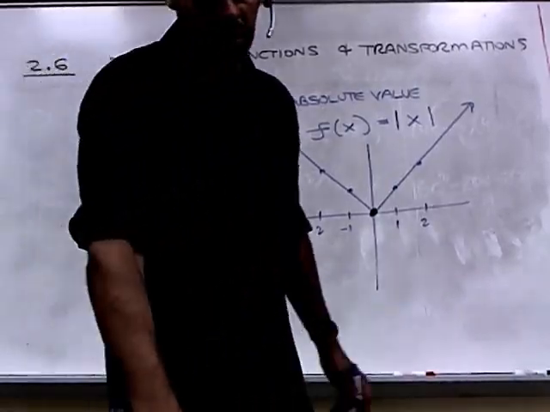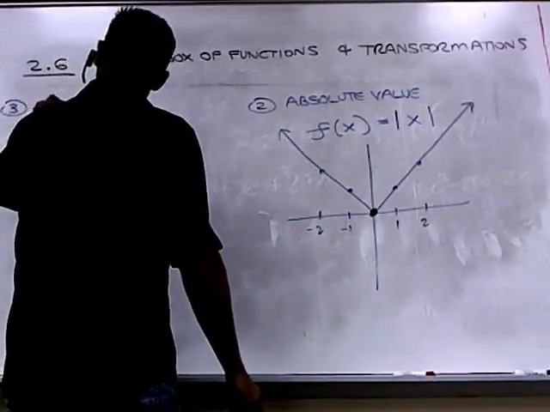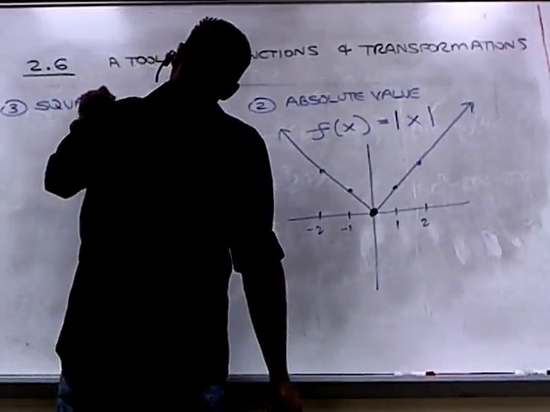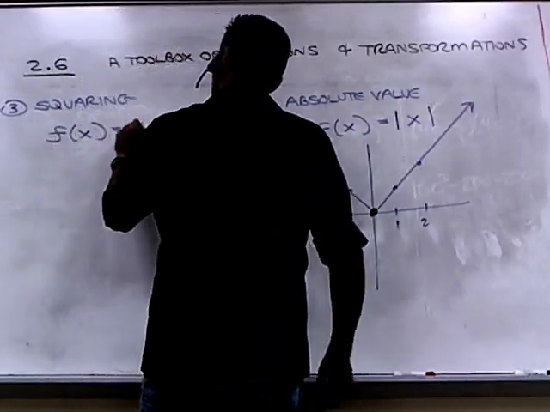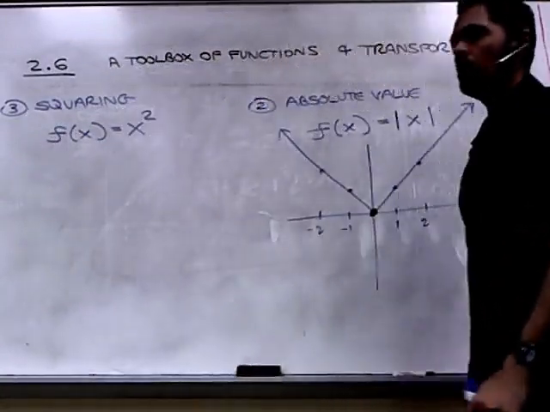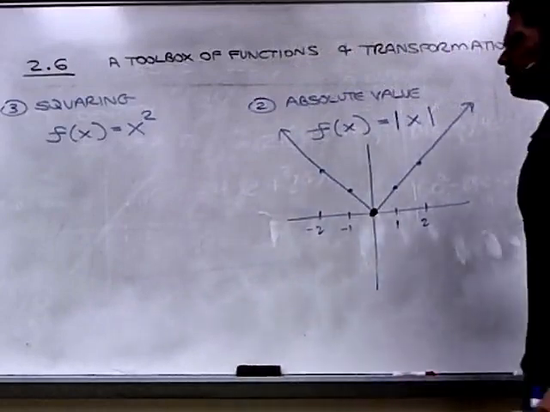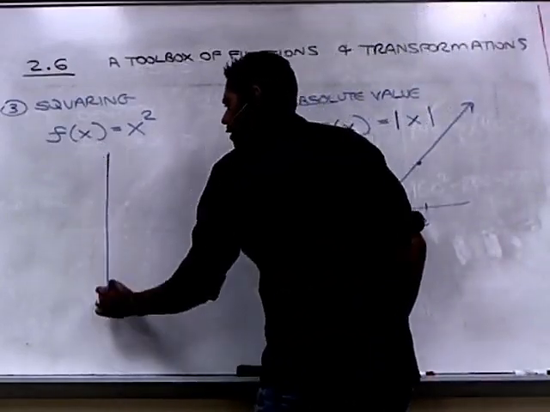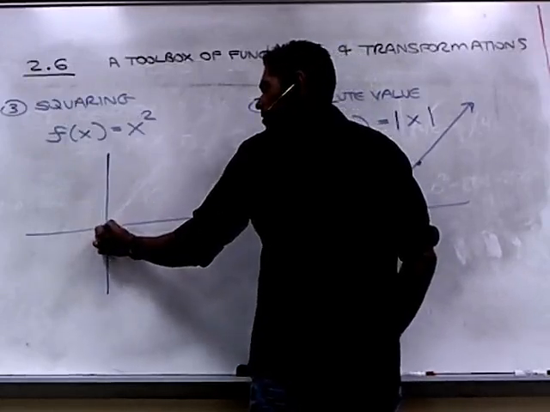The squaring function, and it does exactly what it says it's going to do. It squares things. So this is x squared, which later on we'll study in more depth. That's a parabola. But it's a very, very special one. It's the one that if I plug 0 in, I get 0 squared is 0.